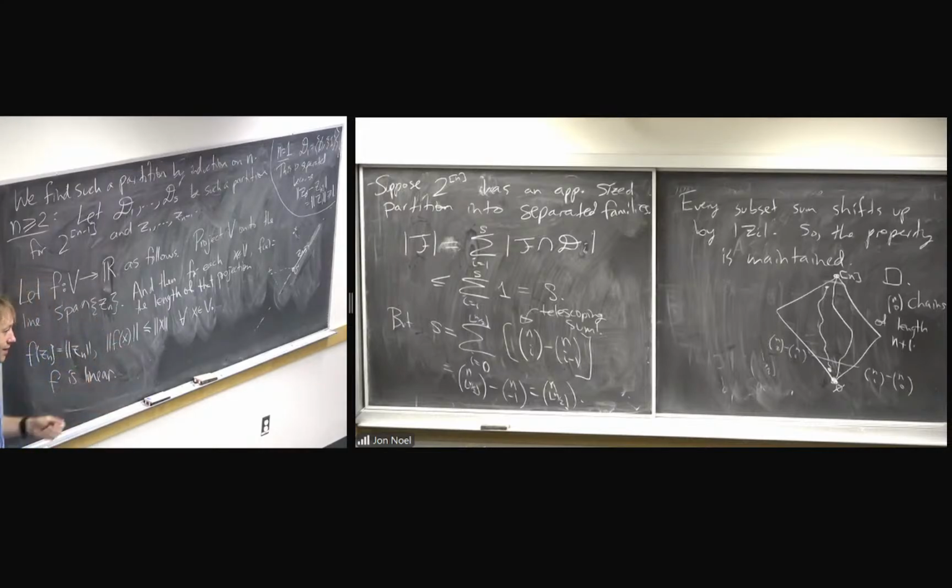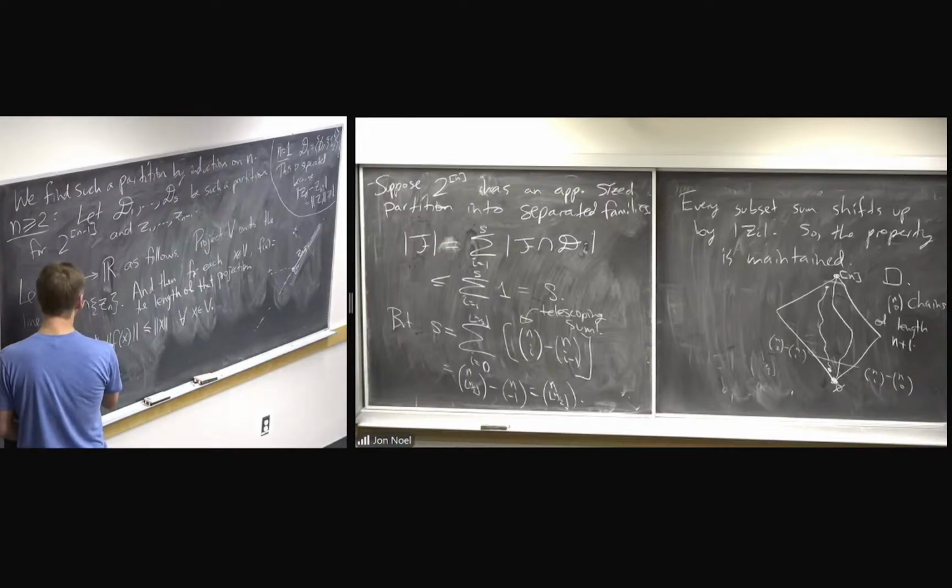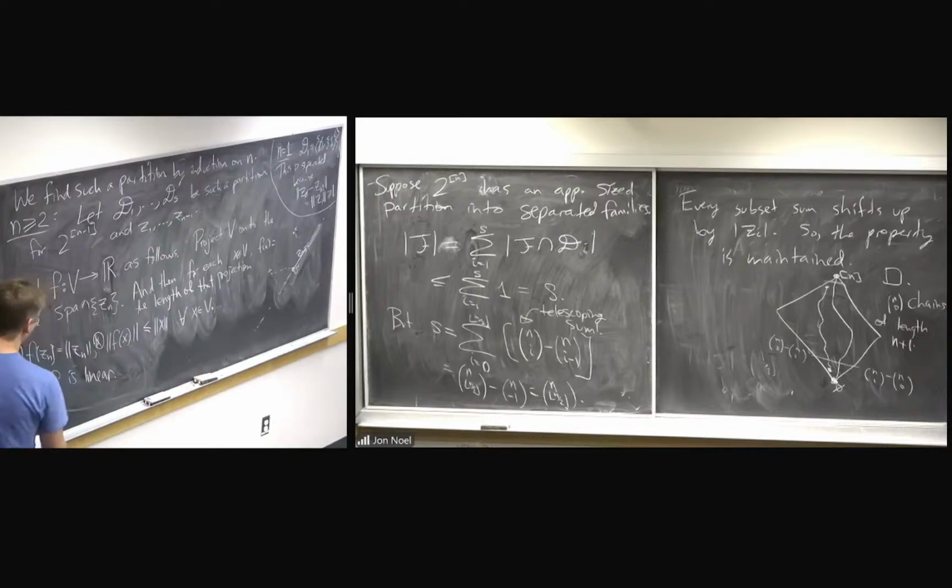Yeah? For the final projection, do you need an inner product, or can you do it? Yeah, that's a good question. I might be being a bit loose with everything going on here, but basically, I just want a linear function that satisfies these three properties, and maybe I won't prove that such a linear function always exists, but yeah, essentially that.